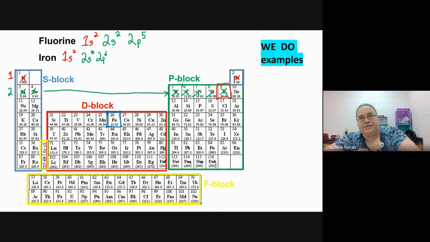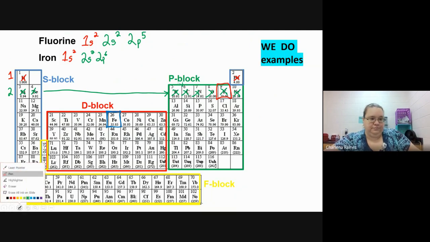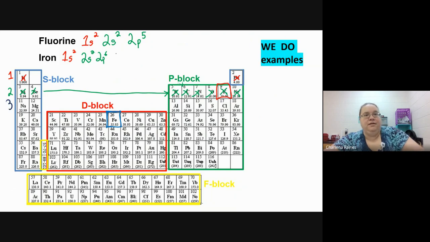The only difference is this time we're going to keep going when we get to neon because we're trying to go all the way to iron. All right, after 10 comes the element number 11. Electron number 11 lives in the third period, third row, the S part of the table, and there are 2 of them.